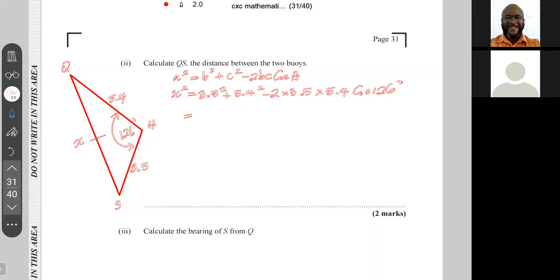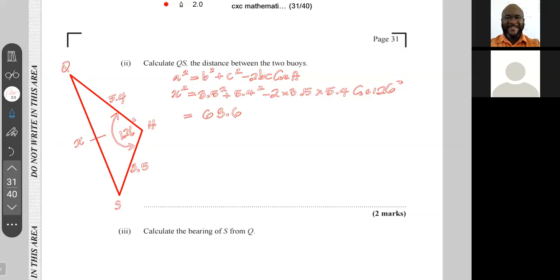So we have 5.4 squared plus 3.5 squared minus 2 times 3.5 times 5.4 times the cosine of 126. Just put that in my calculator and press equal. And I get 63.6. So this is 63.6.